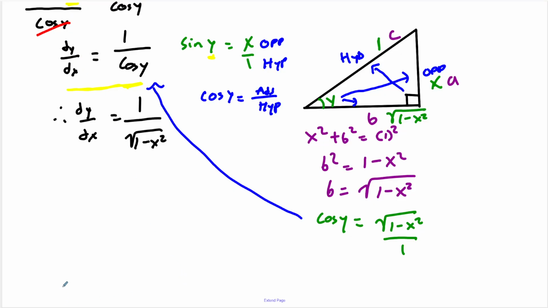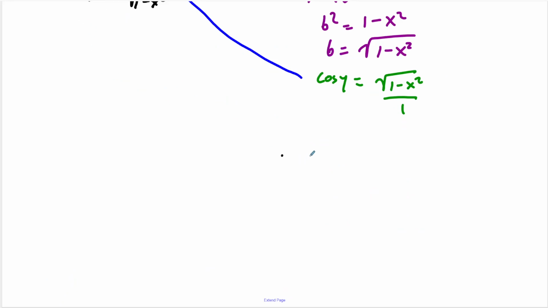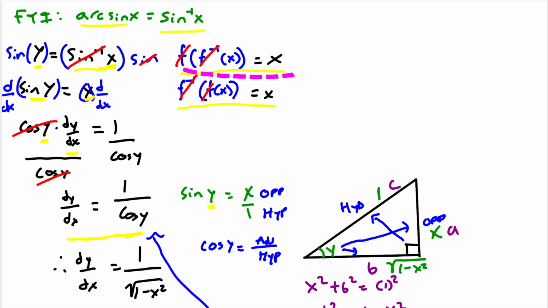Anyway, let us now do the derivative of cosine inverse of x, or cosine of x, whatever. So I'm going to let y equal cosine inverse of x. Okay? We want to find dy dx. So using the same property we used here, I'm going to circle it right here.